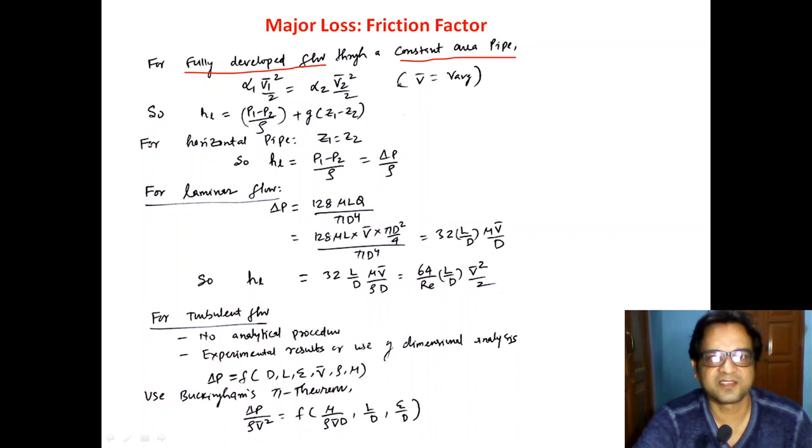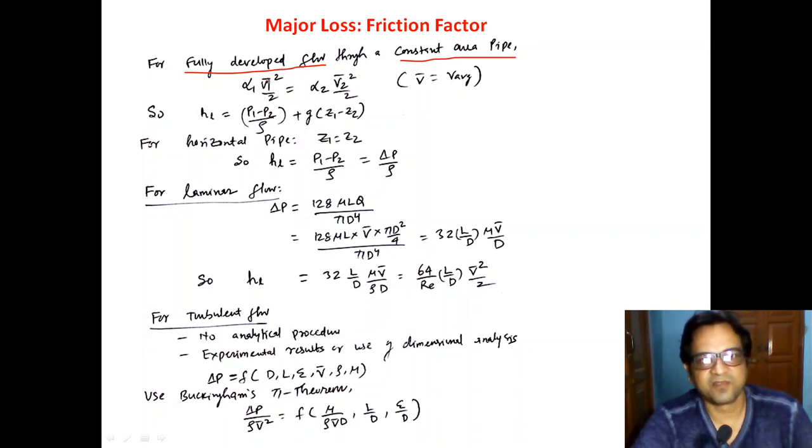Here v bar is the average velocity at that cross section. So the kinetic energy, considering the average velocity remains the same in a fully developed flow with constant diameter, cancels out of the energy equation.